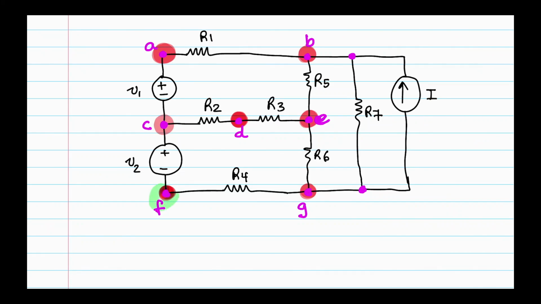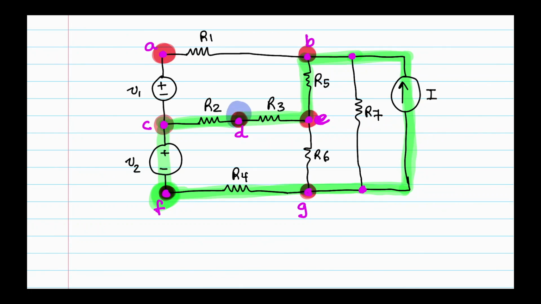You start here, you take a path, then you end up on the same node that you started. That's a loop. You begin and end on the same node. That's a loop. The same here as well.